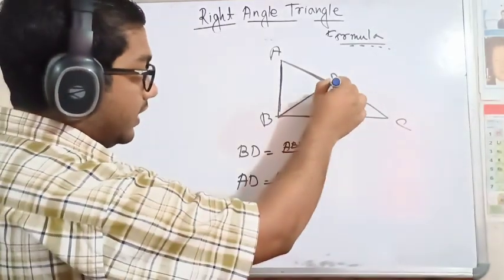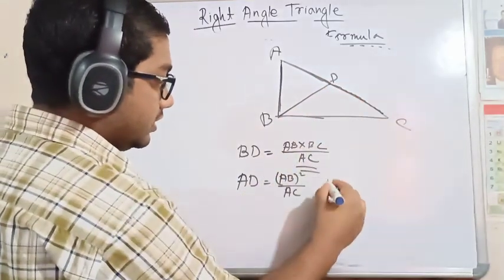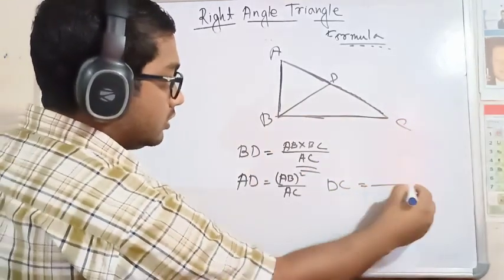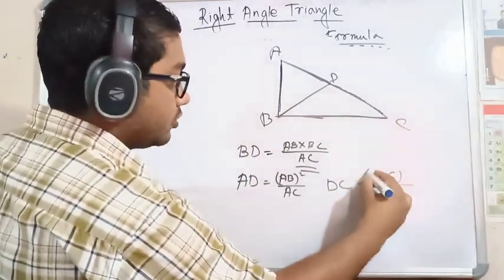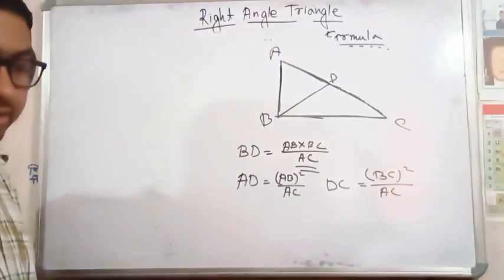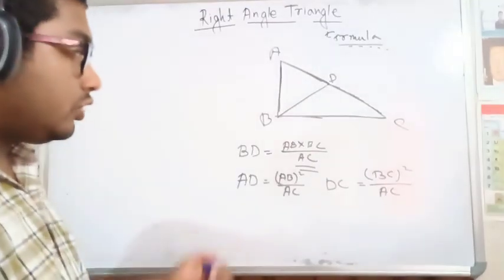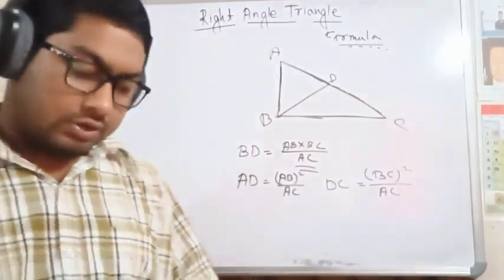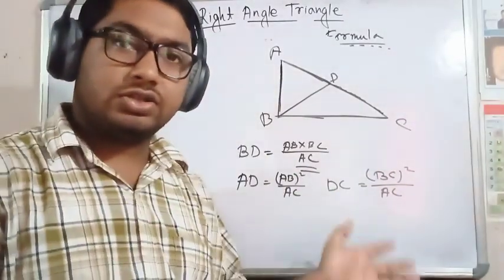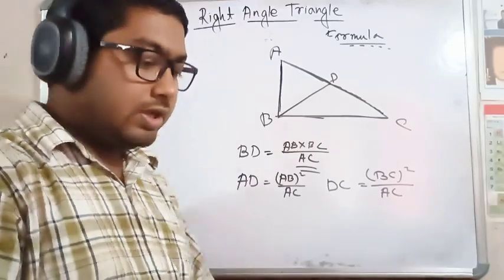And you need to find out this side DC. This is the nearest arm, so make sure BC square by AC. Okay, so I think I just told you everything about the right angle triangle that is necessary.